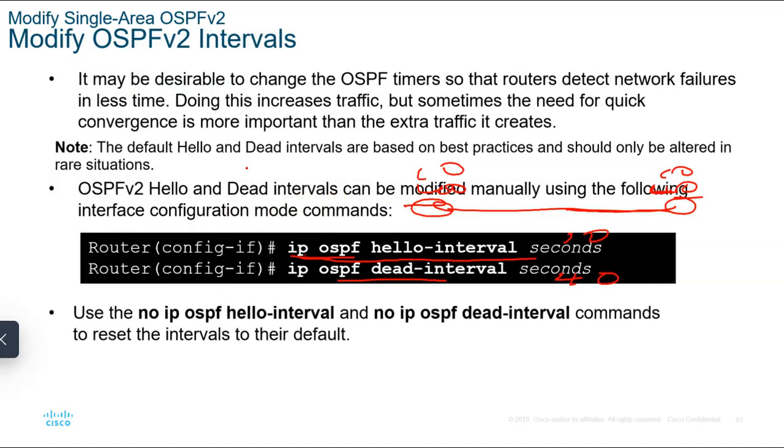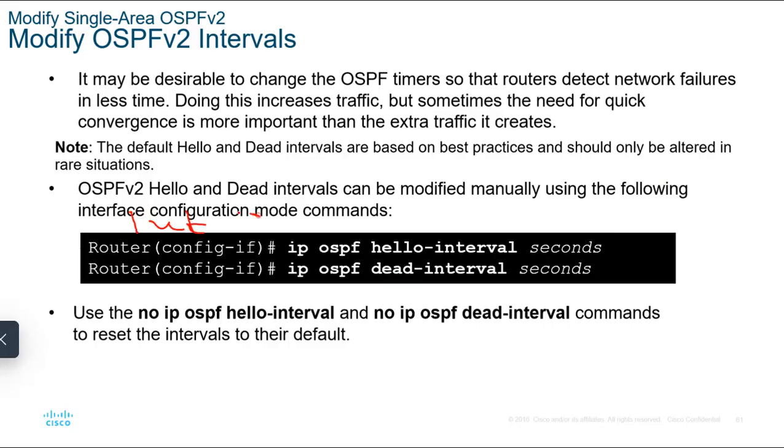So if you want to modify the OSPF intervals, you can use this command: call the interface, maybe interface G0/0, then IP OSPF hello interval, and if it is maybe 20, then the dead interval has to be 20 times 4, giving us 80.